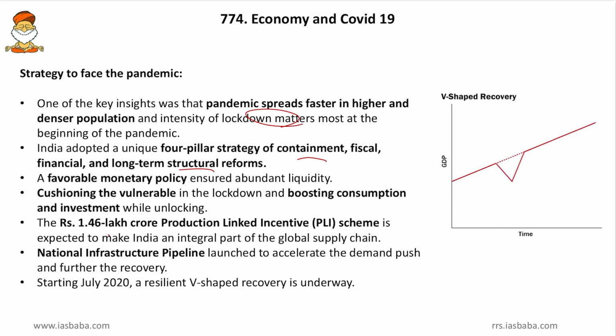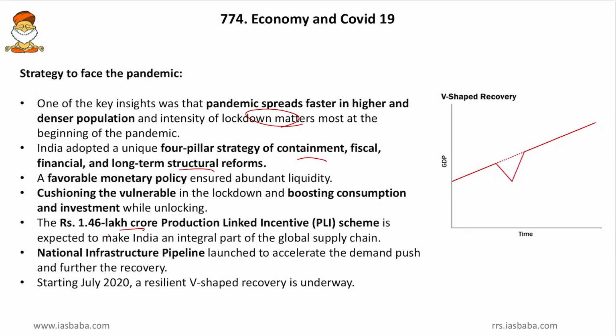Then the production linked incentive scheme, worth 1.46 lakh crore, is expected to be a game changer, and it may make India an integral part of the global supply chain. So friends, this PLI scheme was launched as a full-fledged scheme including some 10 to 12 sectors, and this is going to be a game changer in the future to come. Then the National Infrastructure Pipeline was launched to accelerate the demand push and further the recovery of the infrastructure sector.